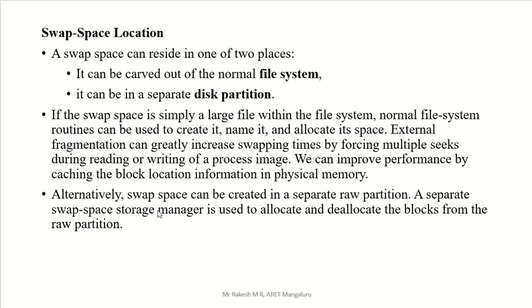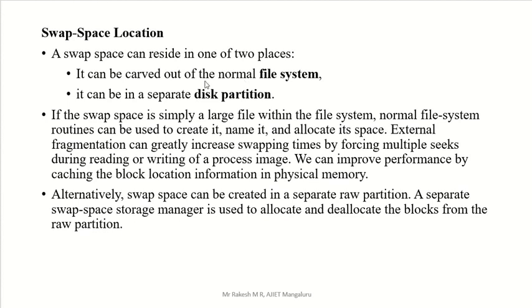Another swap space location we can consider is the disk partition. Alternatively, swap space can be created in a separate raw partition. A separate swap space storage manager is used to allocate and deallocate the blocks from the raw partition.